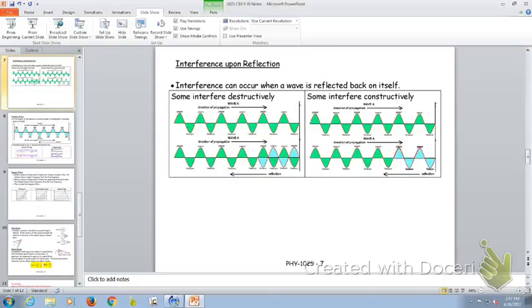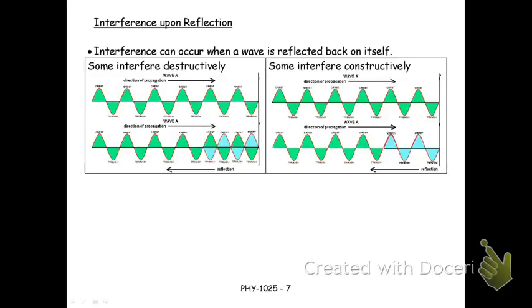If I go to from current slide, here I'm showing this schematically. The wave is moving to the right, and then it bounces back. And if it bounces back, sadly, out of phase, I will cancel. But if I bounce back in phase, I will add. So you can get these interesting effects.